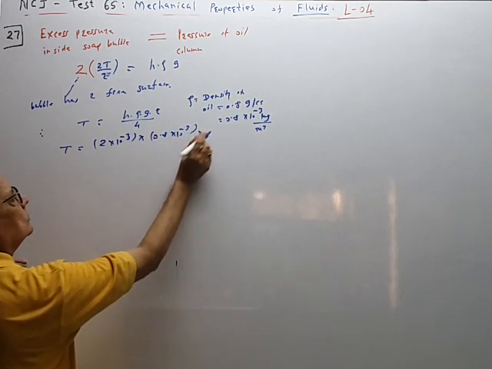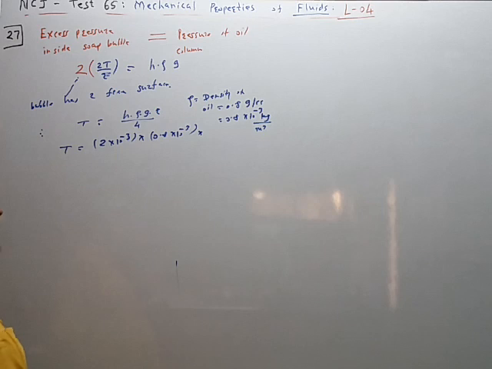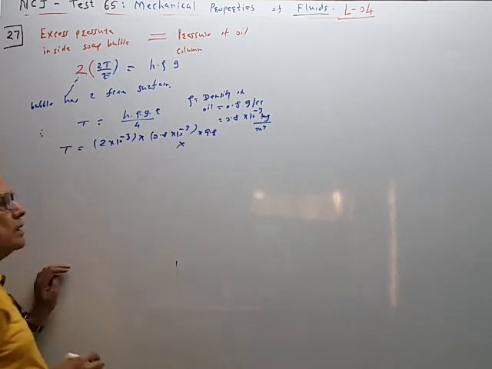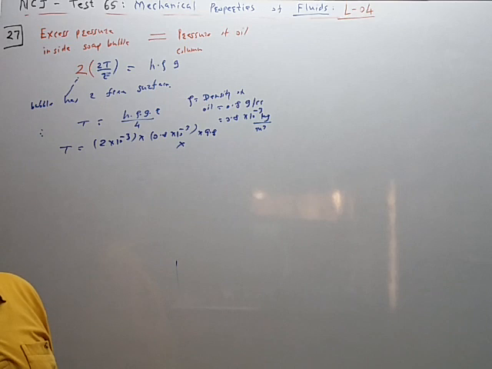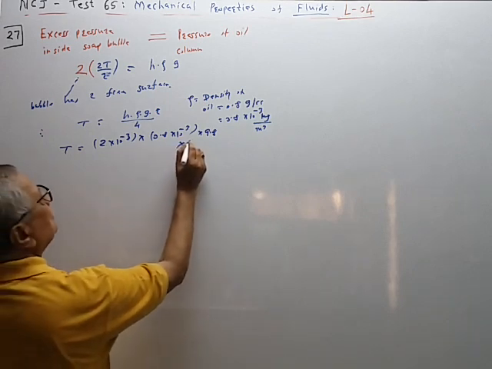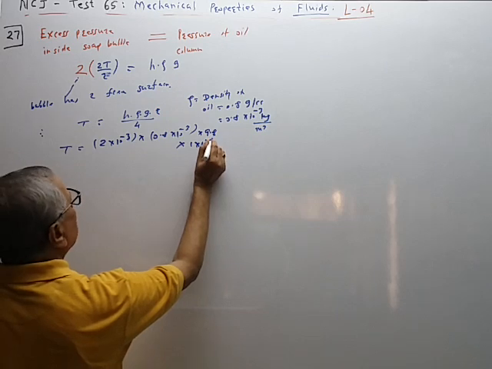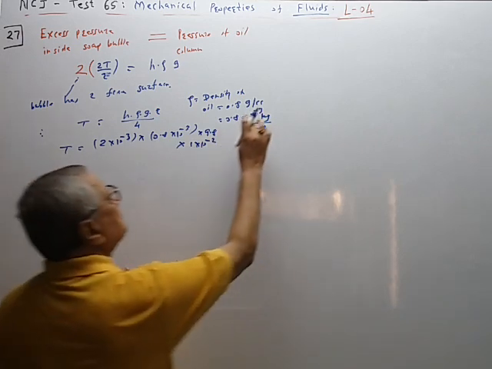G is equal to 9.8 or 10; since the options are in fractions, we take 9.8. Multiplied by radius R, one centimeter, so 1 into 10 raised to minus 2.